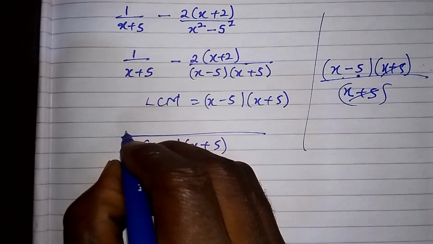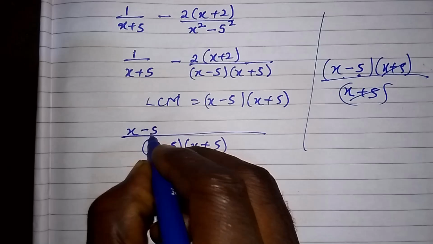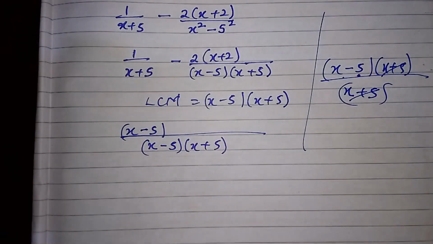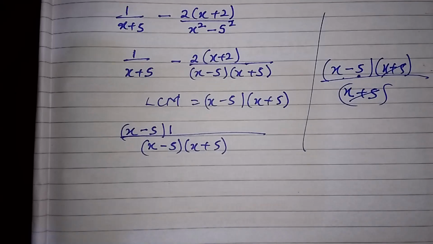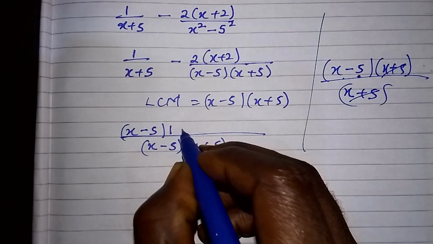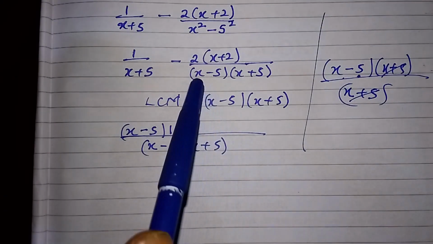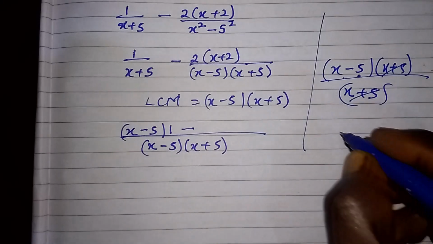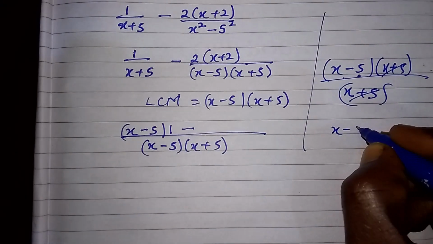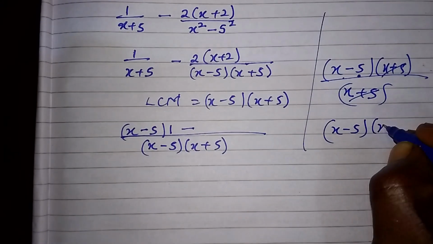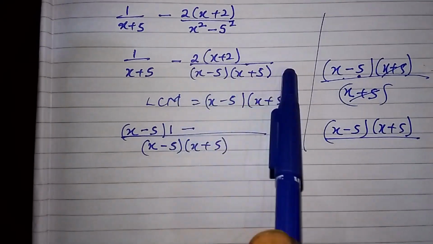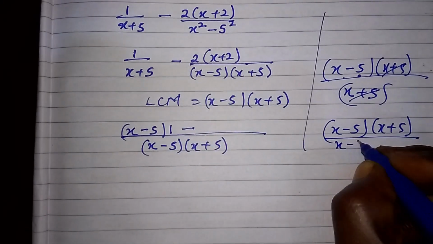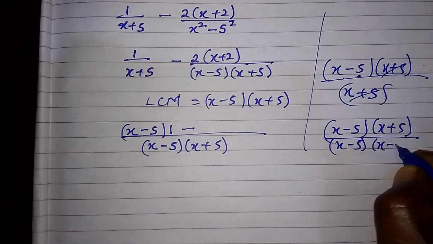Now, so this is x minus 5. And this will multiply the numerator of this denominator, which is 1. Take note. Minus. Now, when we come to the second part, I have the LCM x minus 5, x plus 5. Now, this is being divided by the denominator for the second part, which is x minus 5, x plus 5.